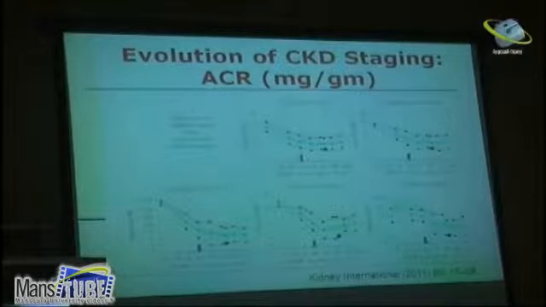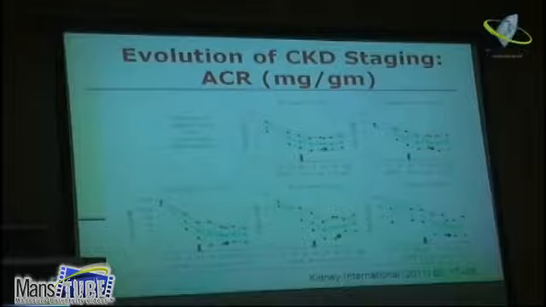So the second statement I want to convey: the presence of albuminuria exceeding 30 milligram per gram creatinine is an index and a predictor for mortality, the progression of chronic kidney disease, and susceptibility to acute kidney injury. Is it clear? So GFR below 60 or the presence of proteinuria to different degrees can predict all these complications.